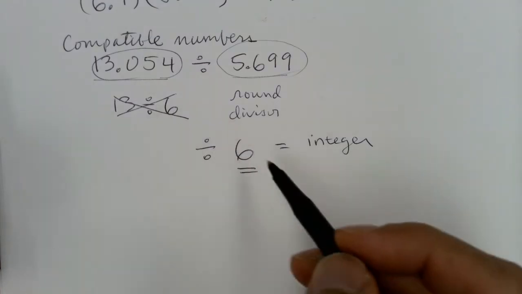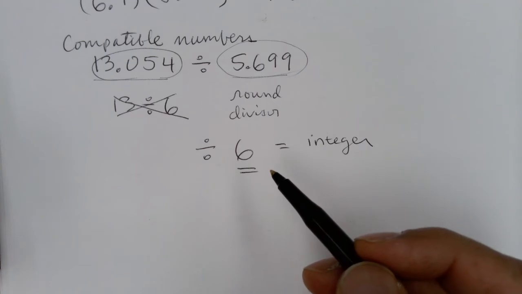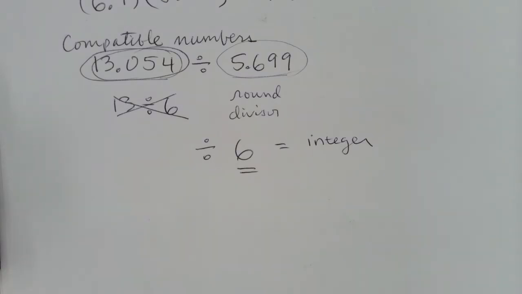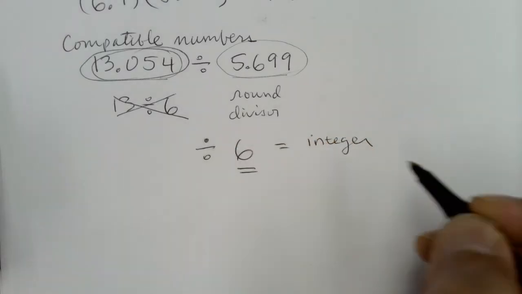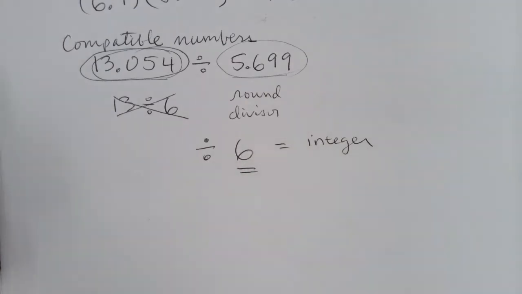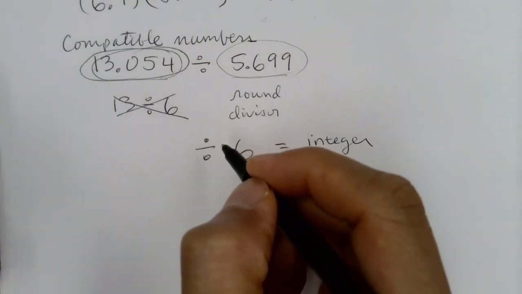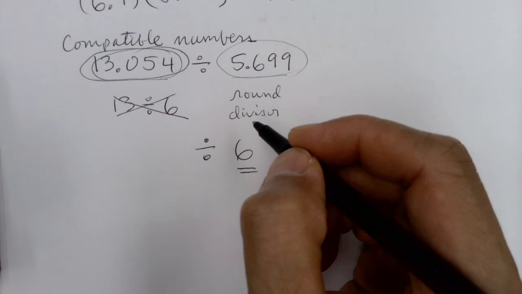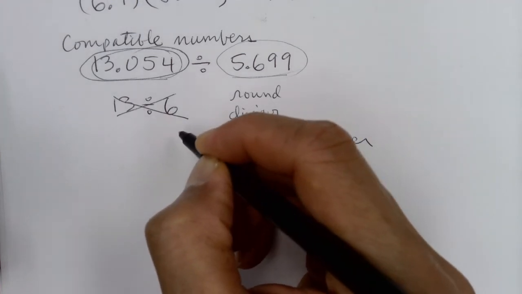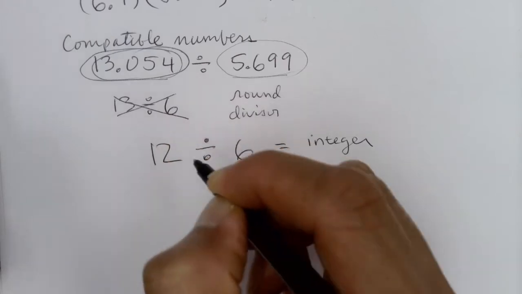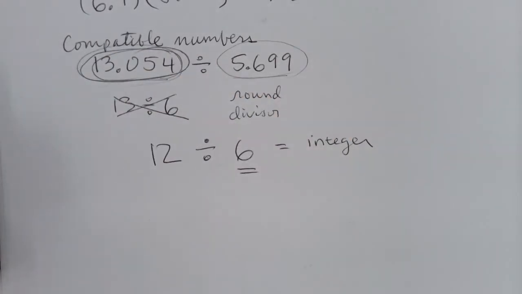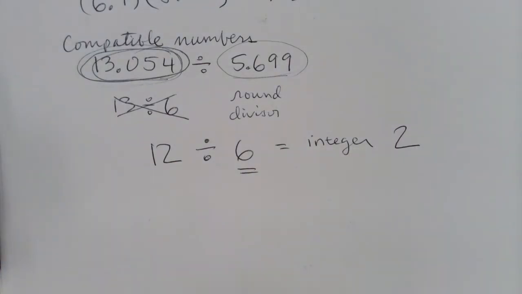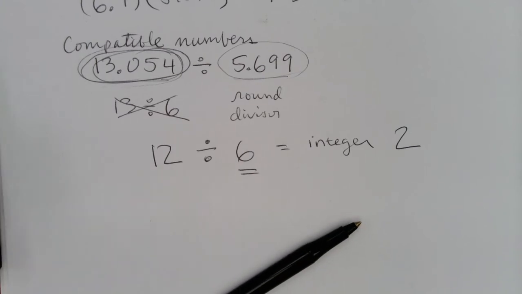So multiples of 6: 6, 12, 18. 13 is close to 12. 6 times 2. It's closer to 12 than it is to any other multiple of 6. So I'm going to round 13.054, not to 13, but to 12. Because that's going to give me a very simple calculation. 12 divided by 6 is 2.